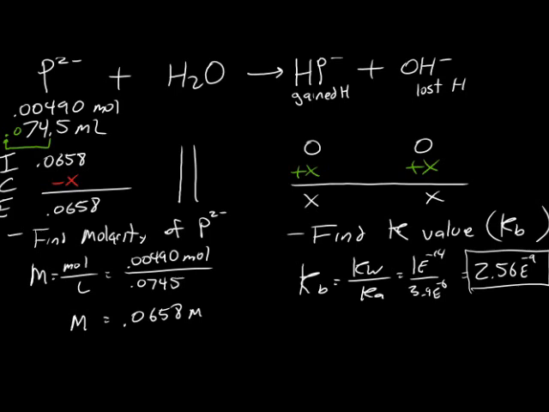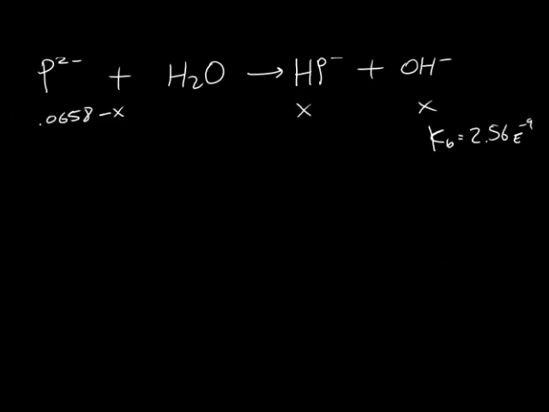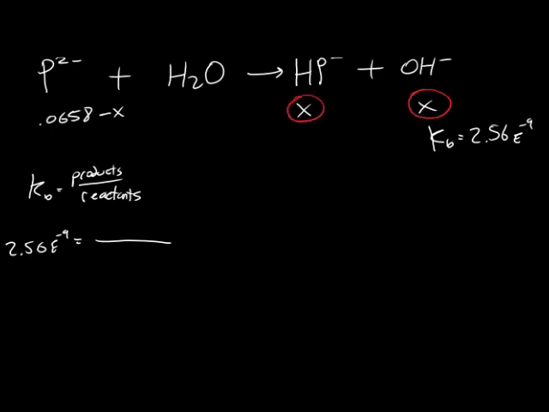Now, based on this, we can write an equation for the Kb. When we write our K equation, we'll say Kb is equal to products over reactants. Our Kb is 2.56 times 10 to the negative 9th. Our products are both X and X. When we multiply, we'll get X squared.